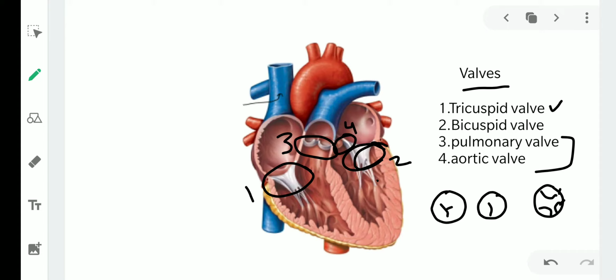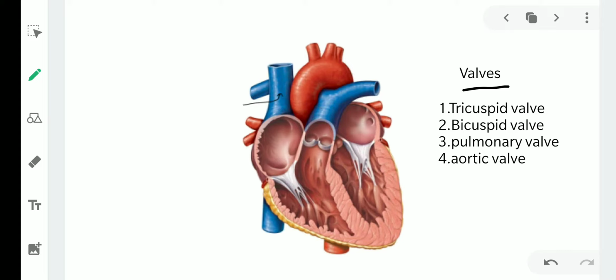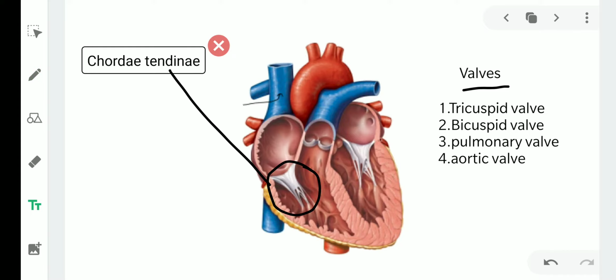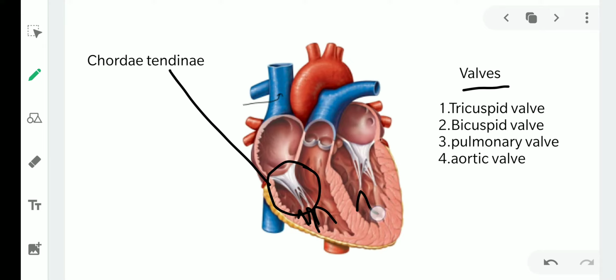Okay. Next we have this string-like structure. This is known as the chordae tendineae, this white string-like portion. If you look deeply, the chordae tendineae are attached to these structures, if you can see these. This here is the papillary muscle.